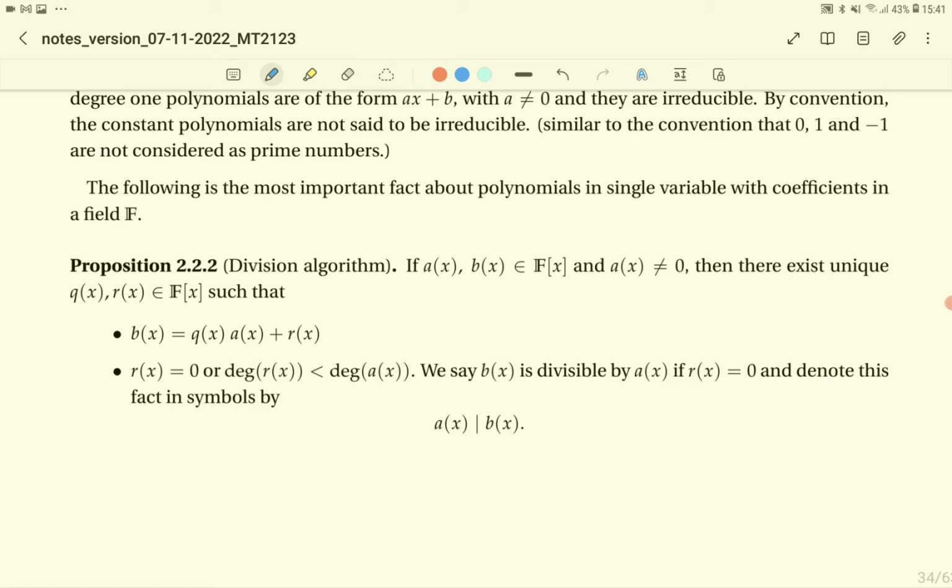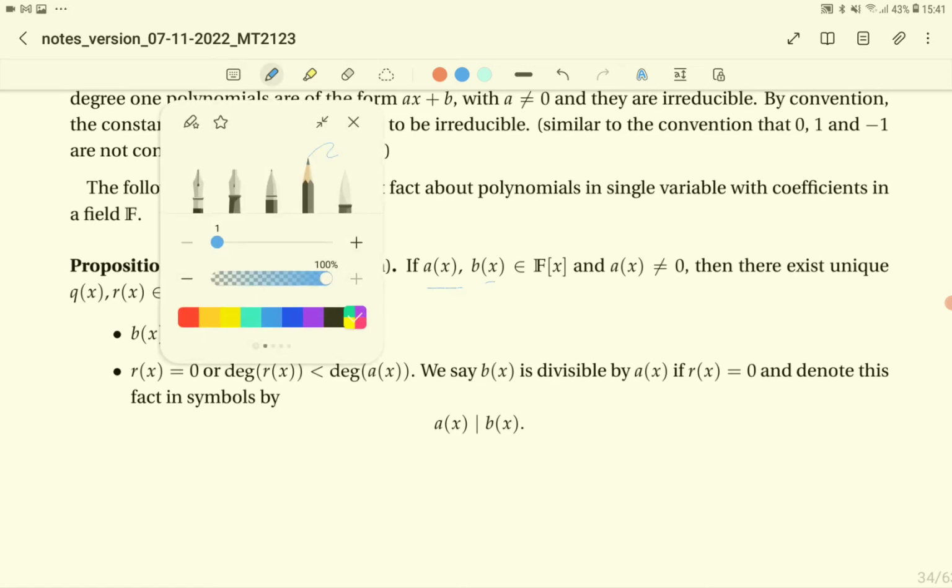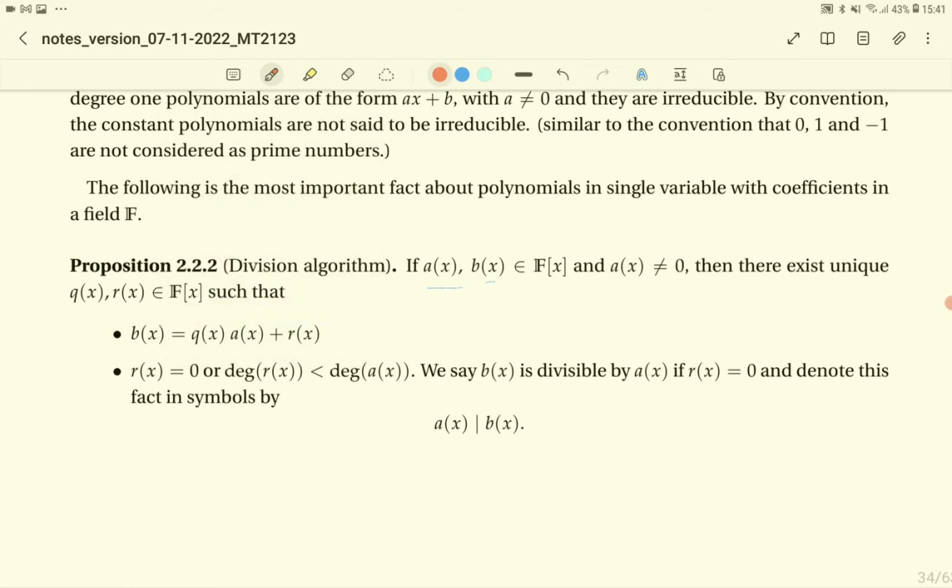You're given two polynomials a of x and b of x from this set F of x.